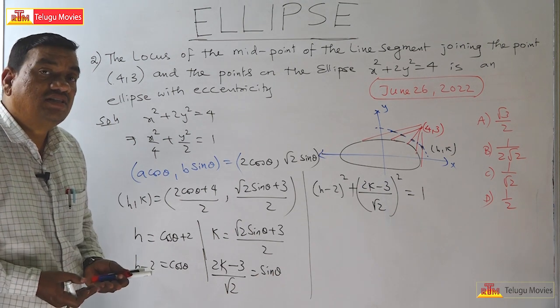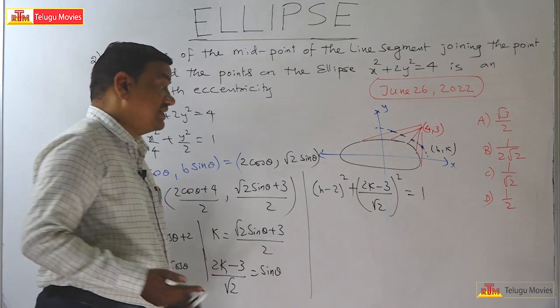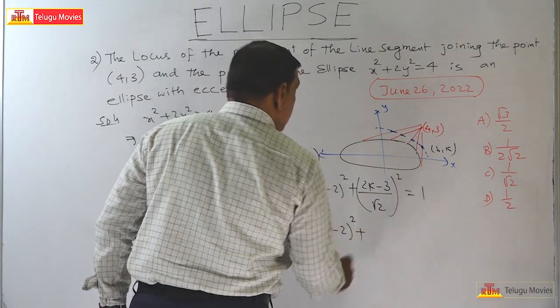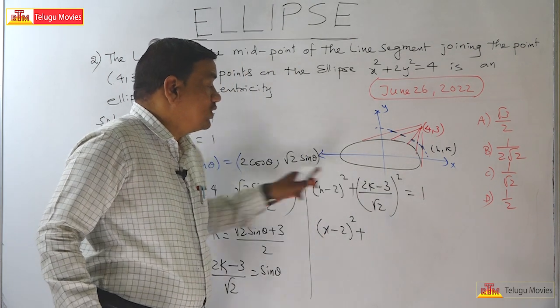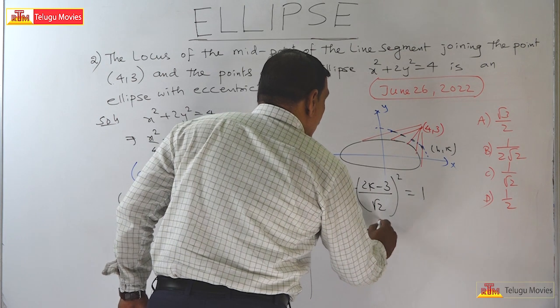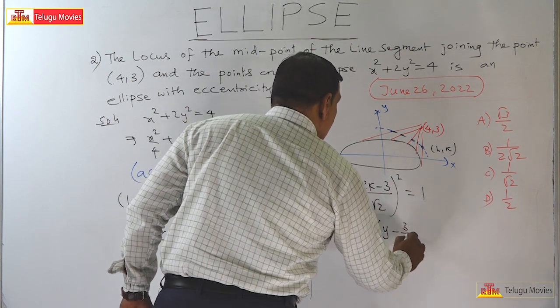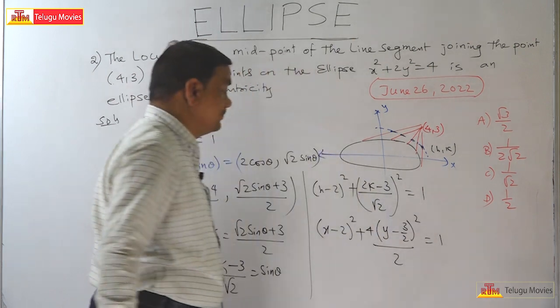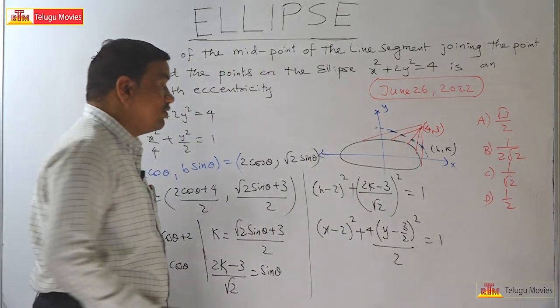In place of h and k, generally we replace with x and y. So, (x minus 2) whole square plus, here I will take 2 common outside, so it will become 4 into (y minus 3 by 2) whole square by 2 is equal to 1.